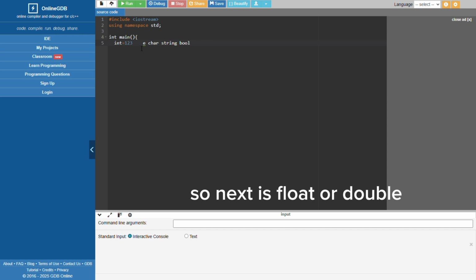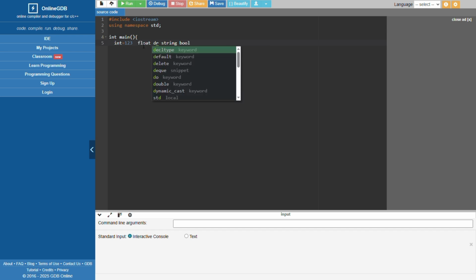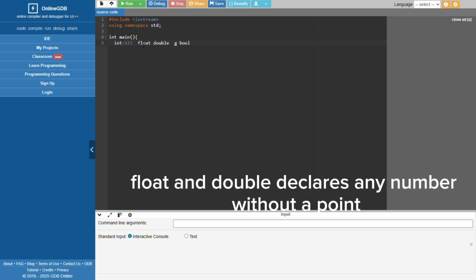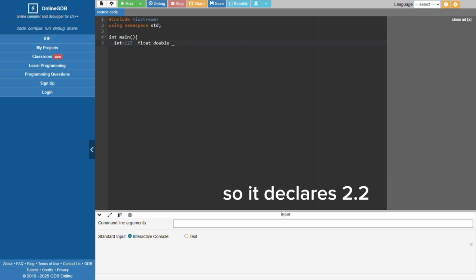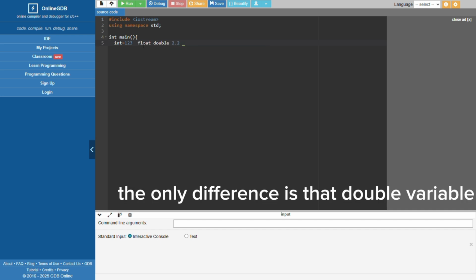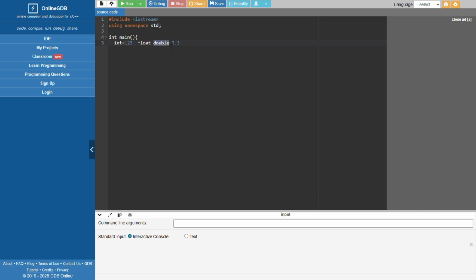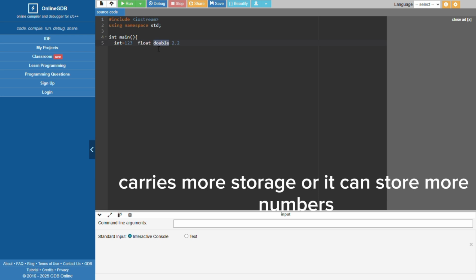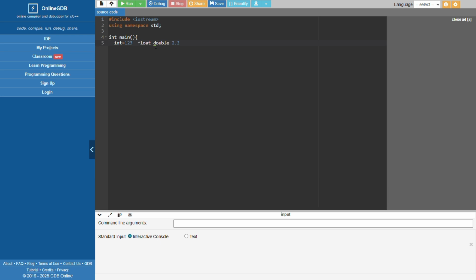So next is float or double. Float and double declare any number with a point. So it declares 2.2 or 2.5. The only difference is that a double variable carries more storage, or it can store more numbers.